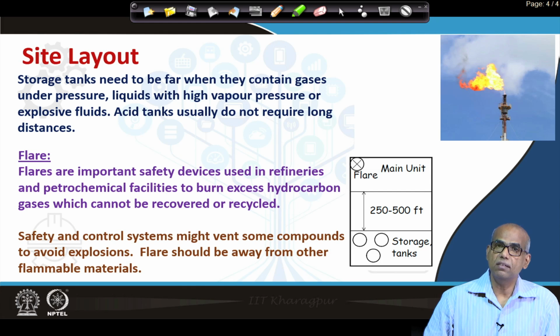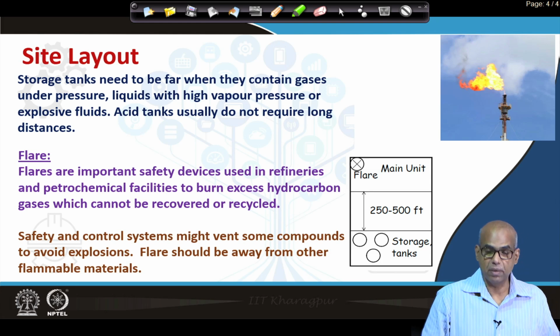So, when you see flares, please be assured that this is a safety device and the operations are going on safely. Safety and control systems might vent some compounds to avoid explosions. Flare should be away from other flammable materials.